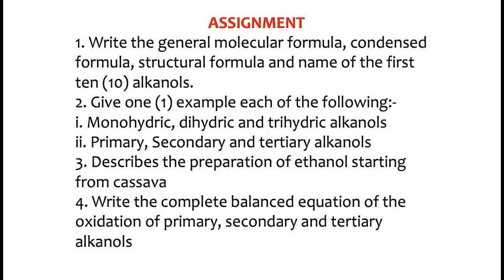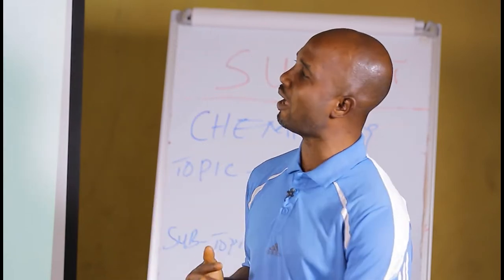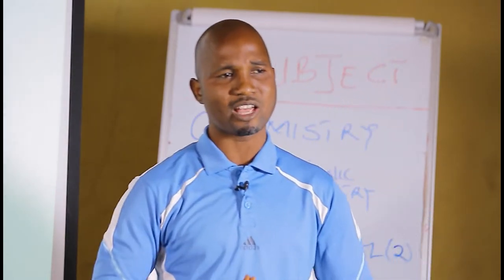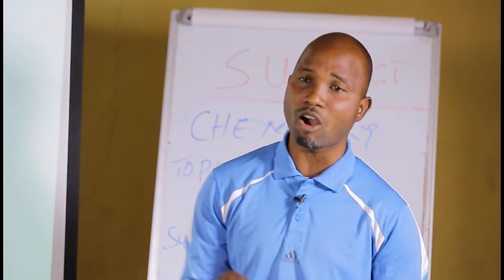Now, we'll be rounding up our lesson by looking at the assignment. That is the test for alkanol that we have said earlier on. But before I go to that, I just want to run down what I have said earlier on. Remember, I told you that alkanols are organic compounds that contain carbon, hydrogen, and oxygen.